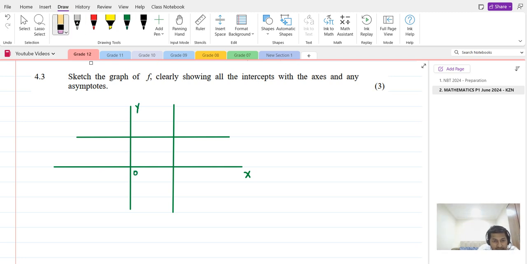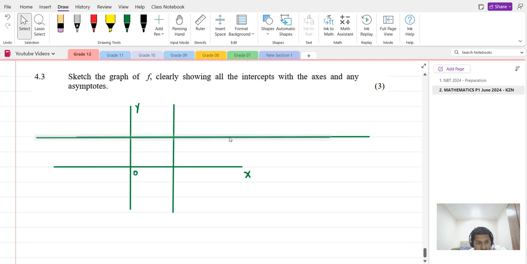I need to break up the asymptote. Let's just extend this line here. We're going to break up this line because that is an asymptote, so make sure you draw it as broken lines.